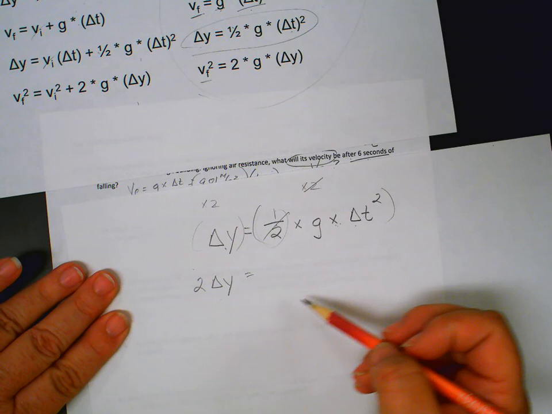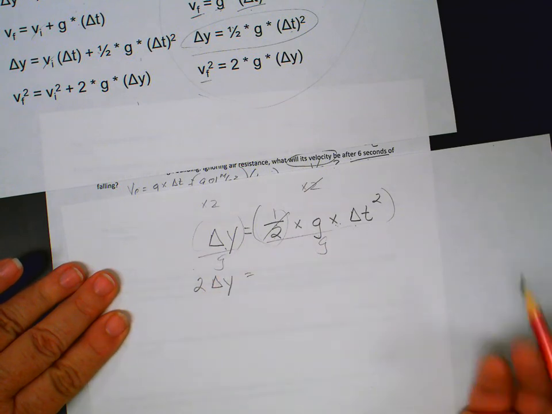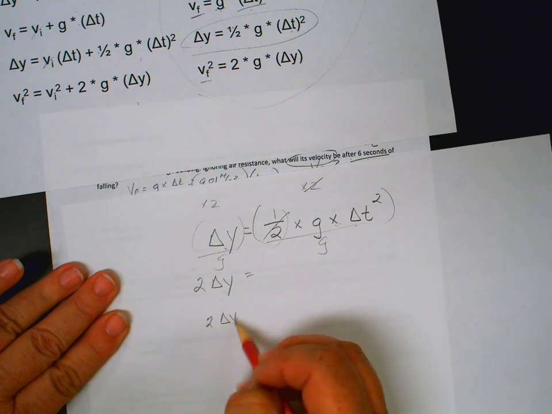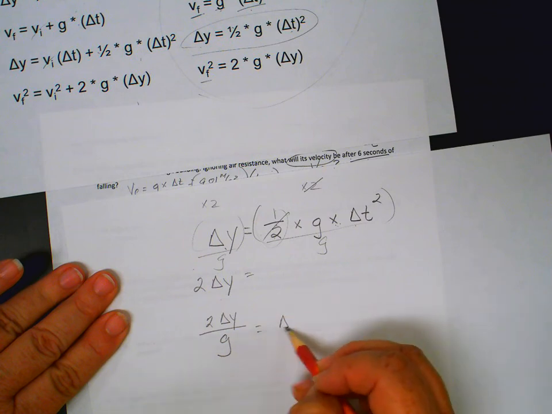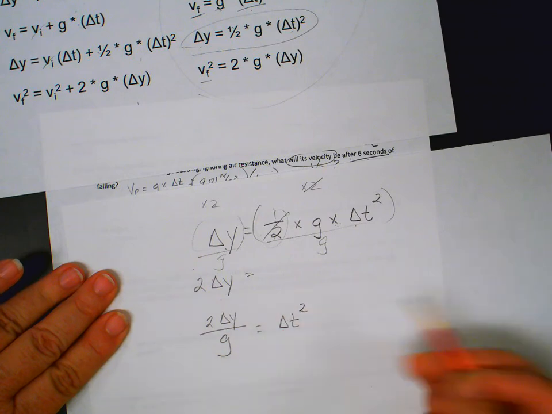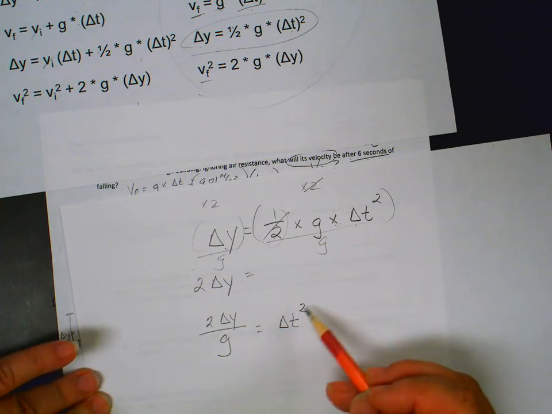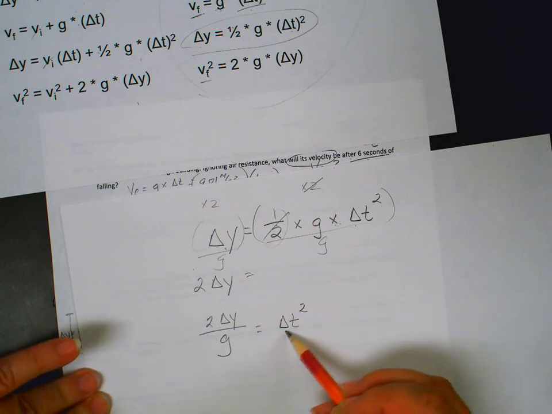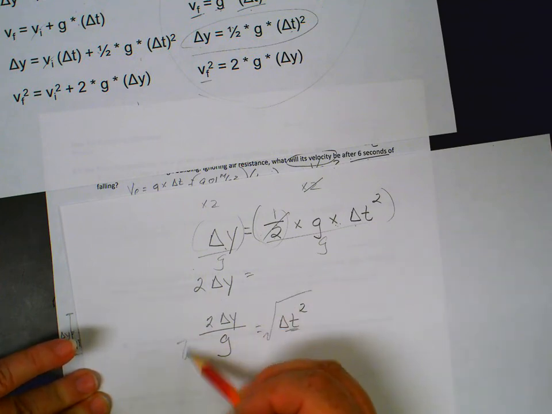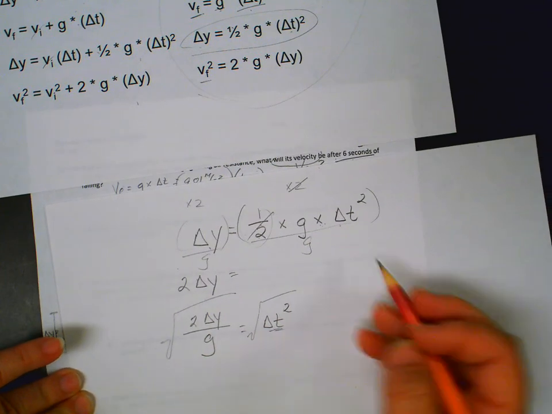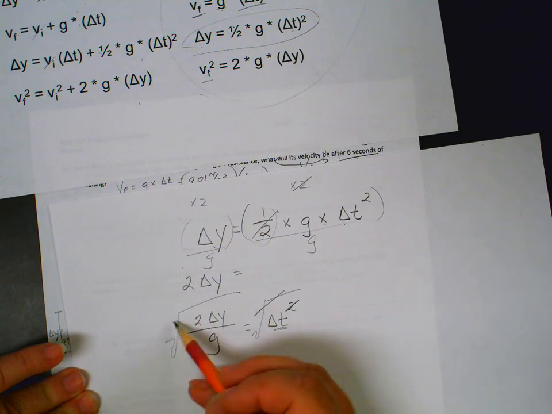We're going to get the G on the other side, so we're going to divide both sides by G. And that leaves us 2y divided by G equals the change of time squared. Okay, this is squared. We're going to want to get rid of the squared. We just want time. So you're going to take the square root of both sides, and this cancels that, and you have the square root.